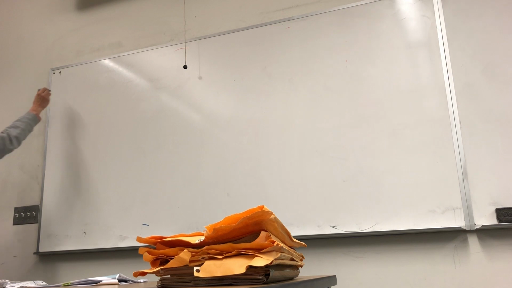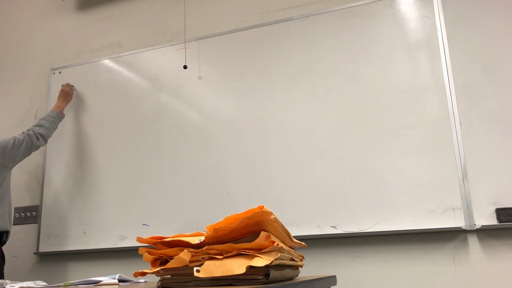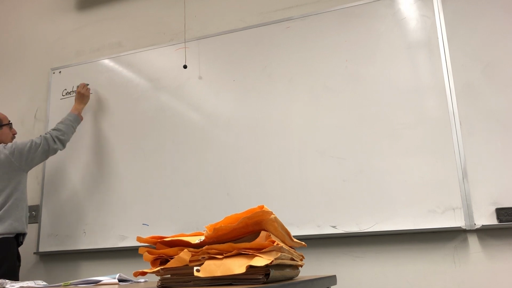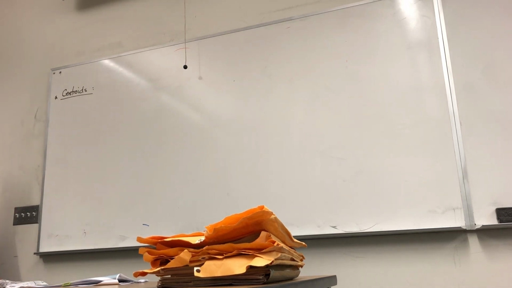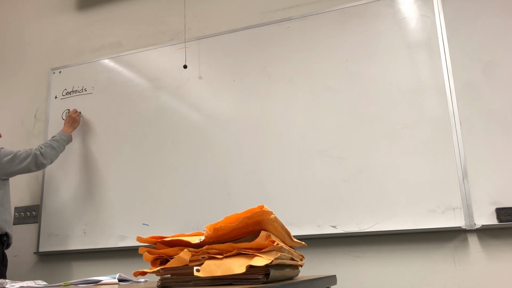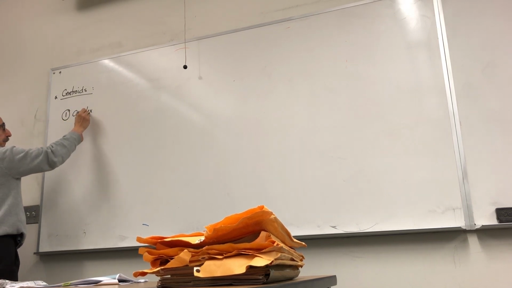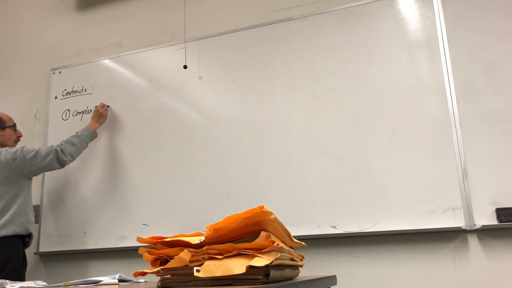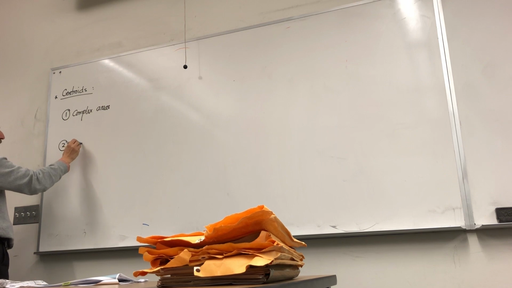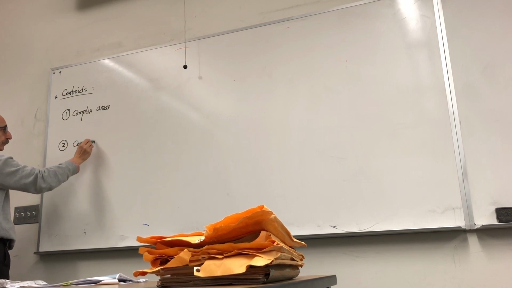So we started talking about centroids, okay? And as I said, there are two types of problem that we will be dealing with. One would be what I call complex areas, and then composite areas.